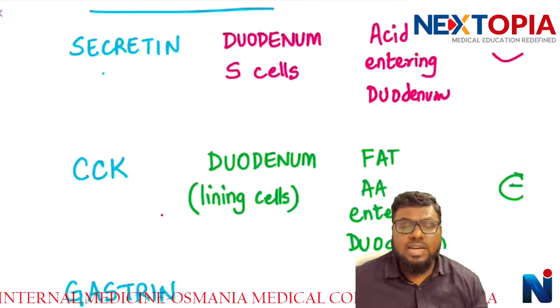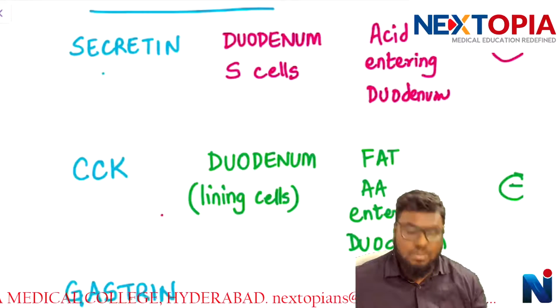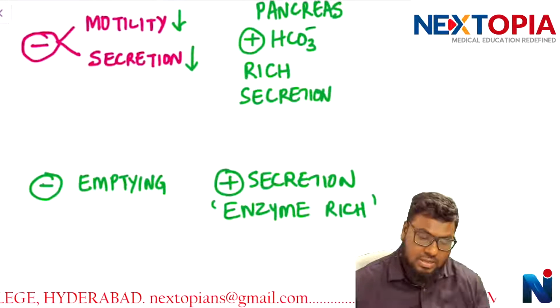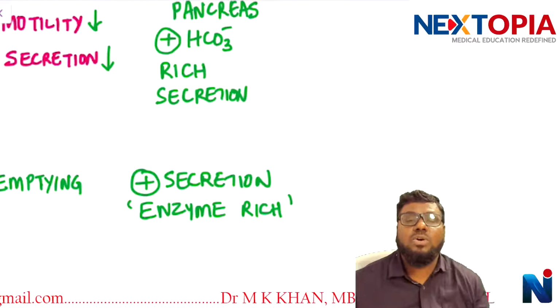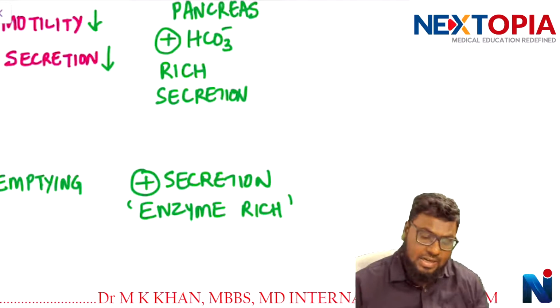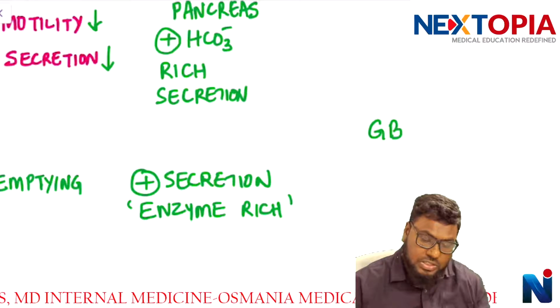Is there any action of cholecystokinin on the gallbladder? It's a very, very important point. The name itself is saying cholecystokinin means what? It is stimulating the gallbladder to cause contraction of the gallbladder and relaxation of the sphincter of Oddi. So on the gallbladder, it has two functions.